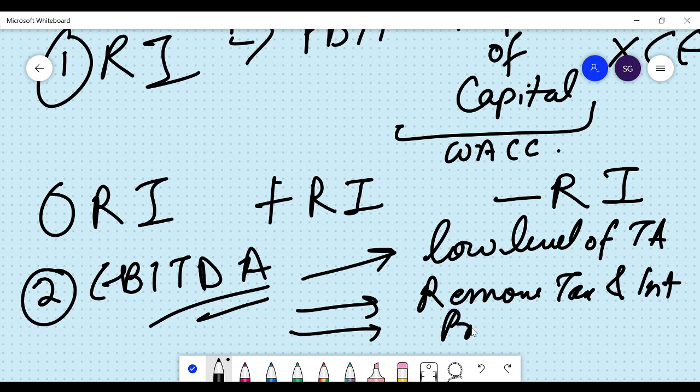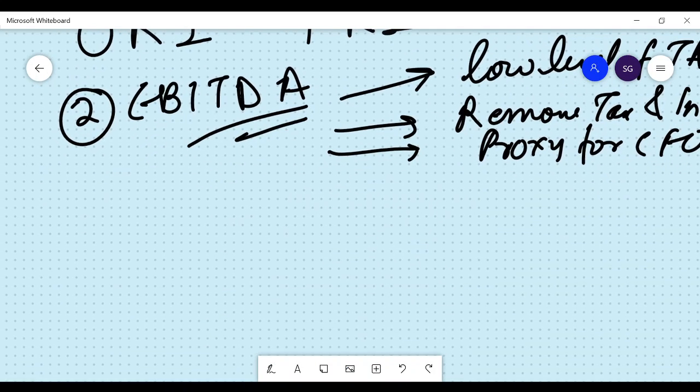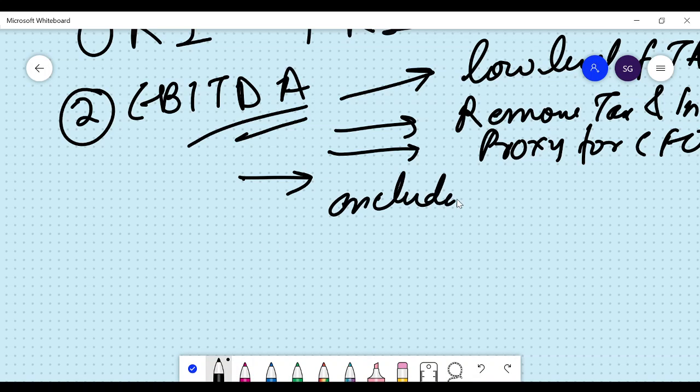Next, it is a proxy for cash flow from operations. Next, it excludes depreciation and interest which is associated with asset and debt, and hence it is useful for managers who have no control over investment and financing policy.